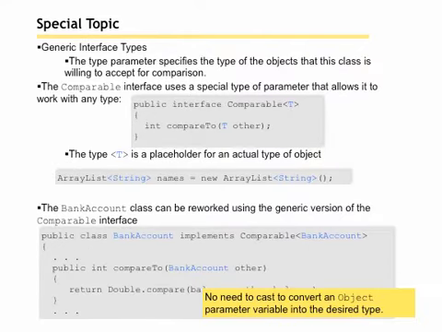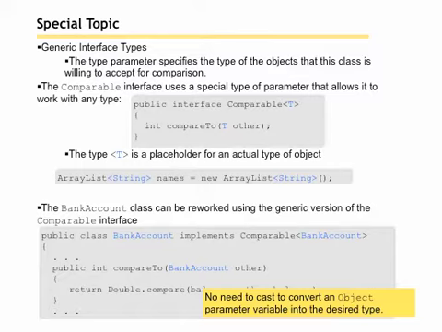Generic interface types. A type parameter specifies the type of the objects that this class is willing to accept for comparison. We've looked at typed things before with ArrayList. ArrayList takes a parameter, so this should not be that unfamiliar. The Comparable interface uses a special type of parameter to allow it to work with any type, and it's called a parameterized type. The type T is a placeholder for the actual object.